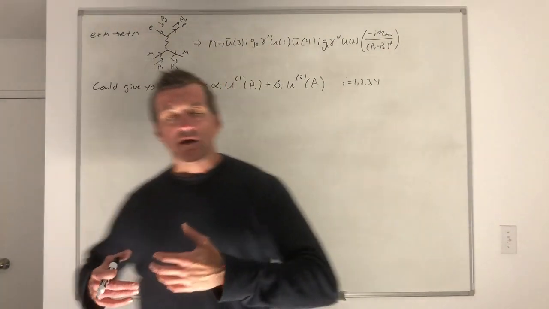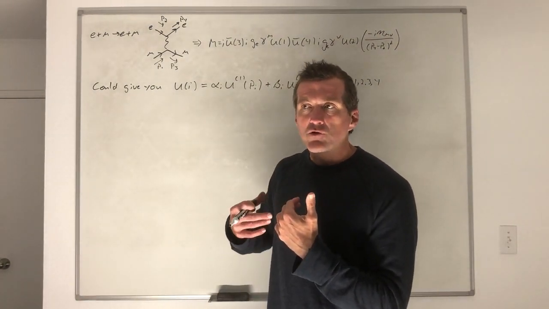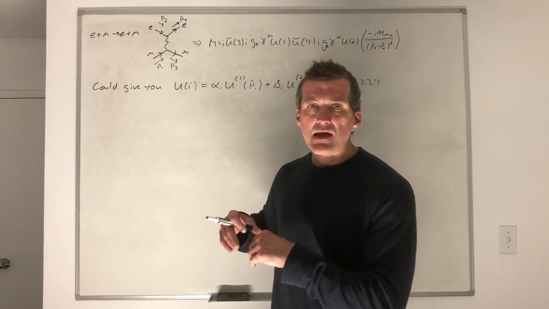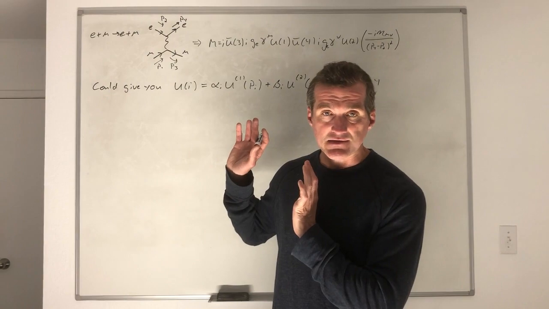And then when we're talking about what's coming out, we're not going to monitor whether they're spin up or spin down. We're just going to detect everything coming out, which means we should sum over all the spin states.